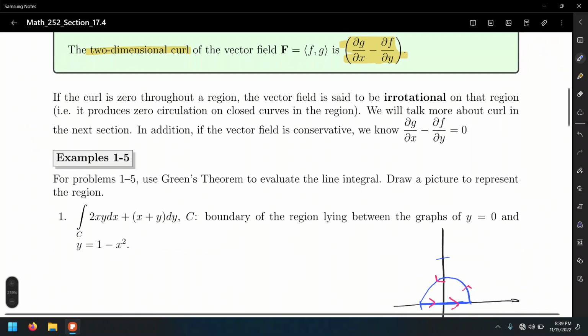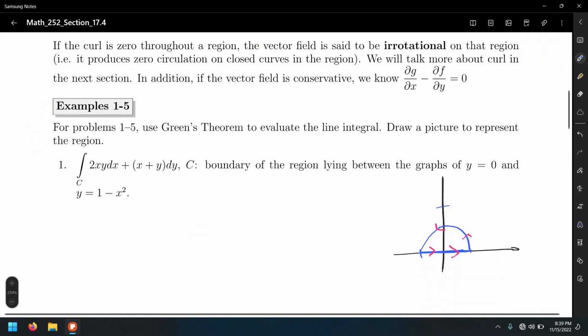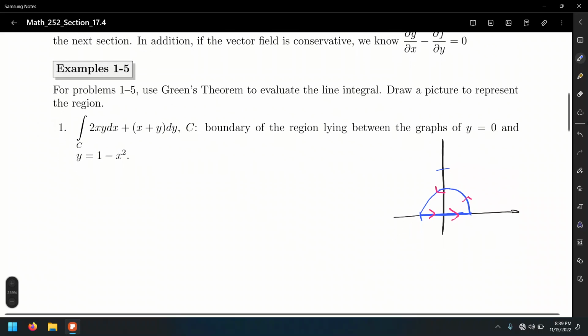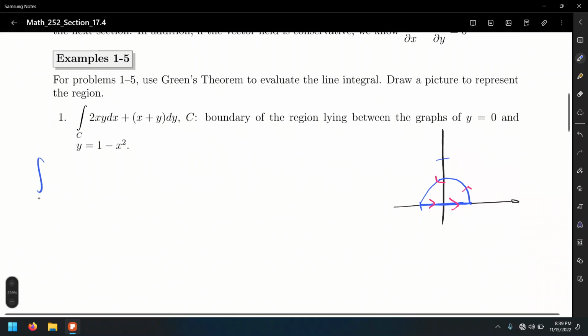All right, so we want to evaluate this line integral of 2xy dx plus (x plus y) dy.